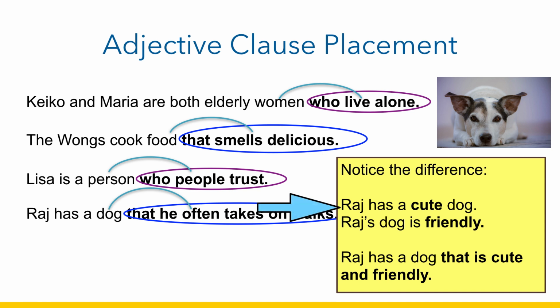Here, the adjective comes before dog, which is the noun it describes. Or Raj's dog is friendly. Here, the adjective friendly comes after a be verb, is. But with the adjective clause, Raj has a dog that is cute and friendly, we see the adjective clause right after the noun it describes.